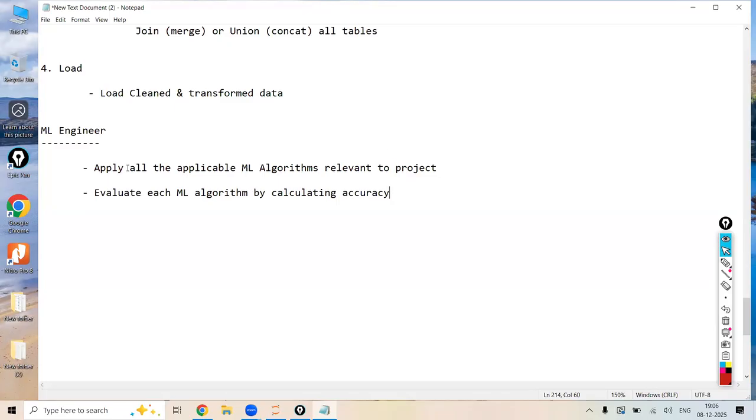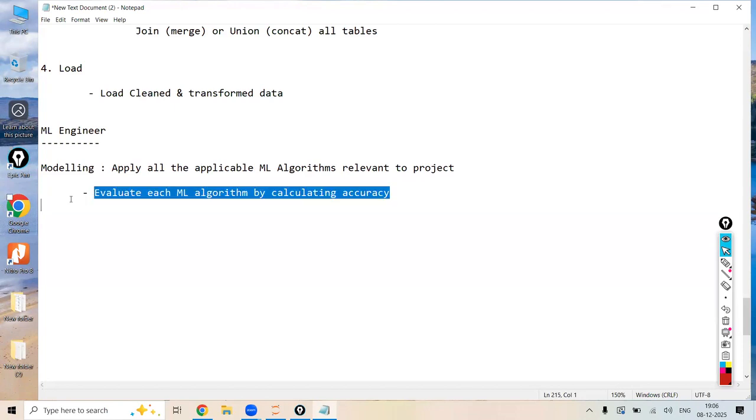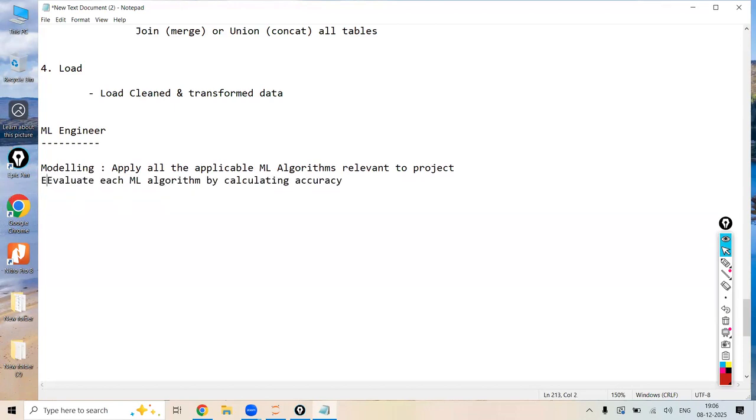This part, applying all the applicable ML algorithms to the given project, is called modeling. This stage name is called modeling. And this one we call evaluation. Okay, modeling and evaluation.